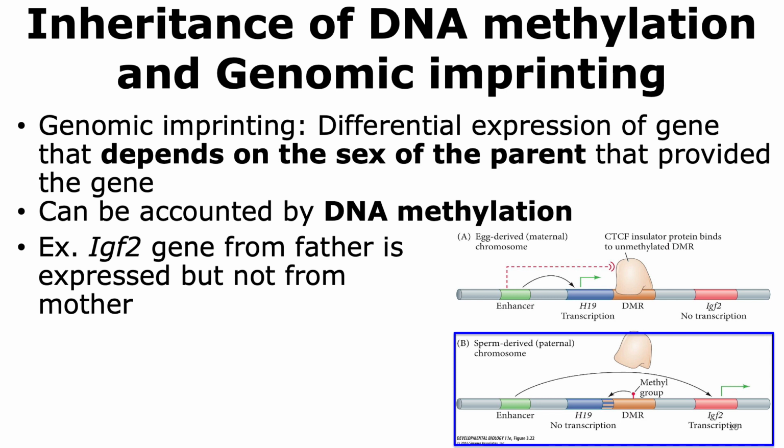Without the presence of the insulator protein, the IGF2 is no longer repressed, and hence it can be transcribed. Thus, DNA methylation can account for the genomic imprinting phenomenon of the expression of the IGF2 gene.